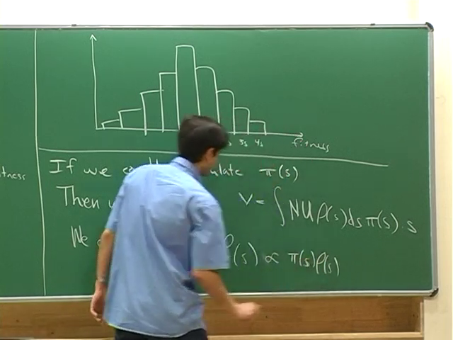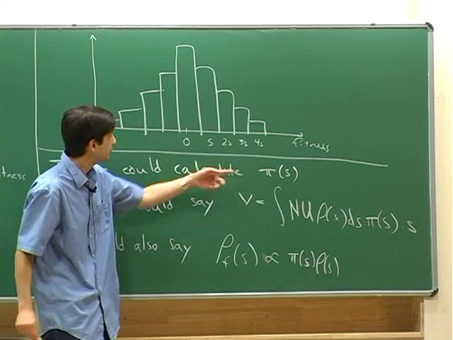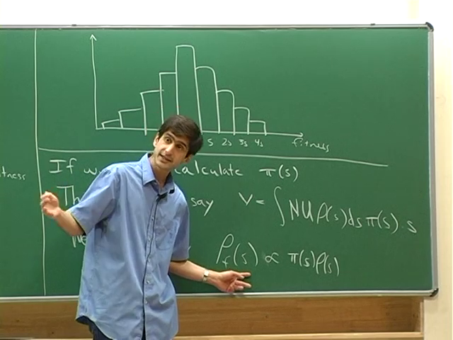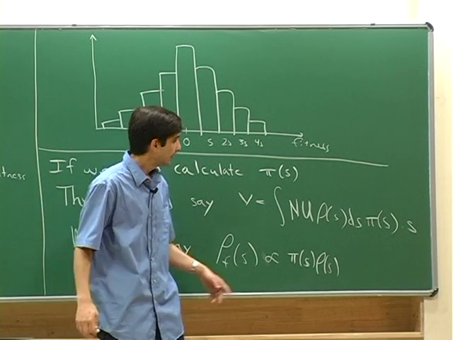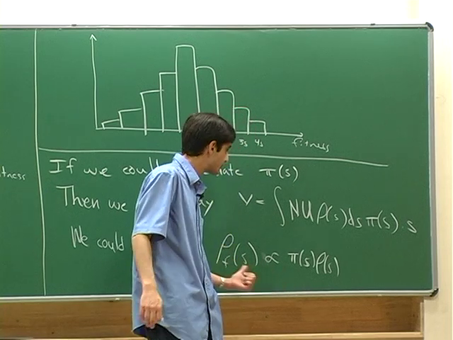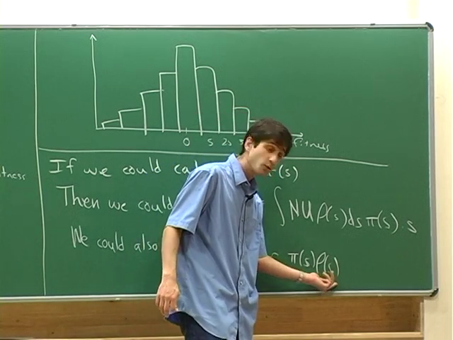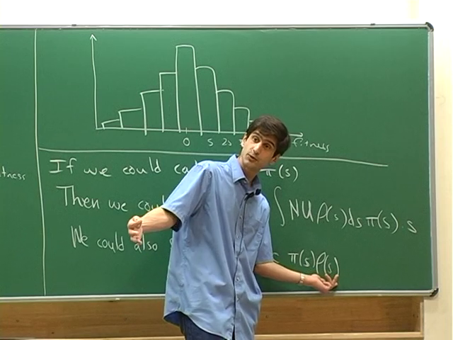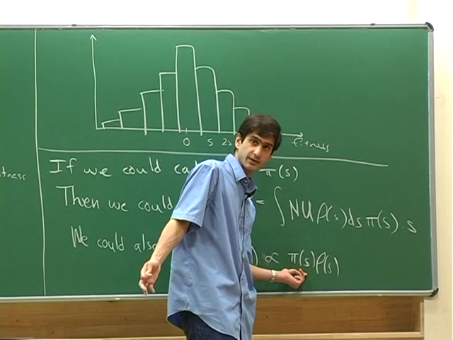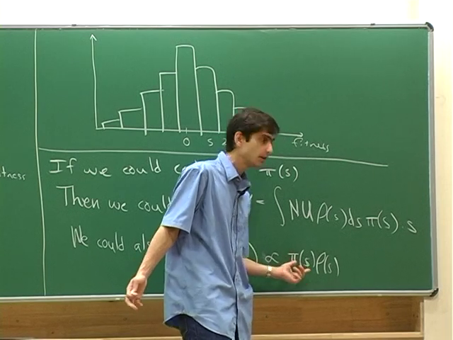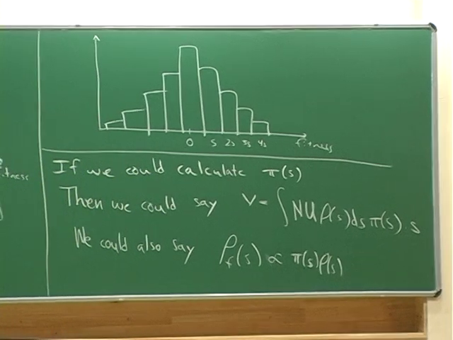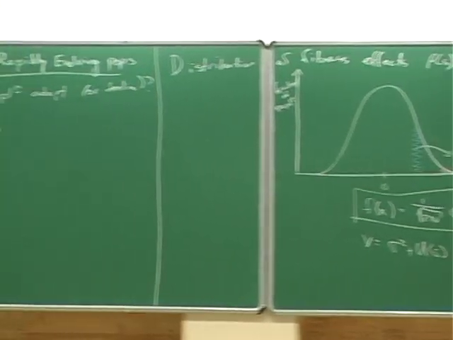If we knew this, we could also say that the distribution of fitness effects that actually fix in the population would just be proportional to, we have to put the right constant of proportionality so this is normalized, but is proportional to the rate at which mutations of fitness effect occur times the probability that they fix, right? That's fairly trivial. So the key quantity is going to be to compute this probability that a mutation fixes.